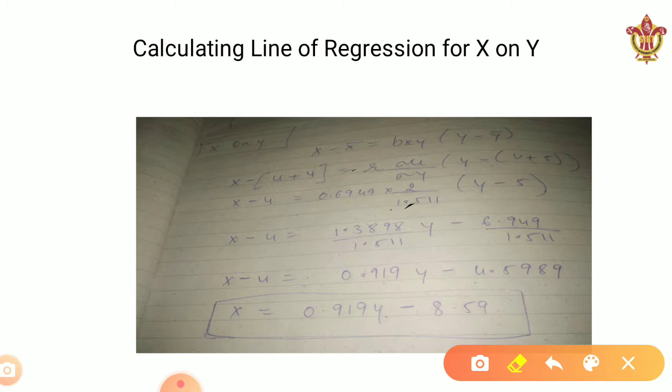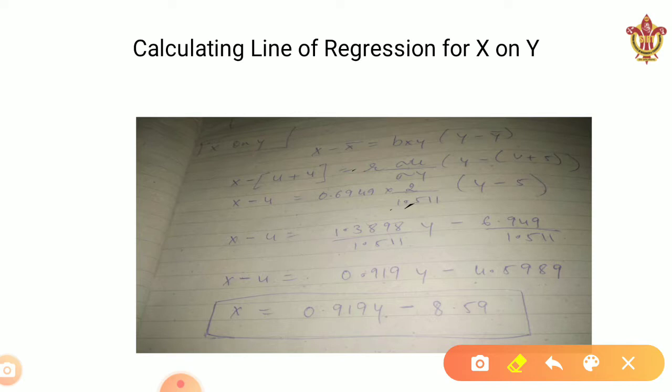So we have done the same thing: x minus x bar. The value of x bar is 4, so we have put x minus 4. The value of r we have substituted, then sigma u and sigma v we have already calculated in our previous steps. We need to substitute all those values, and we need to substitute the value of y mean. Students, all these values we have already calculated, so we don't need to worry.